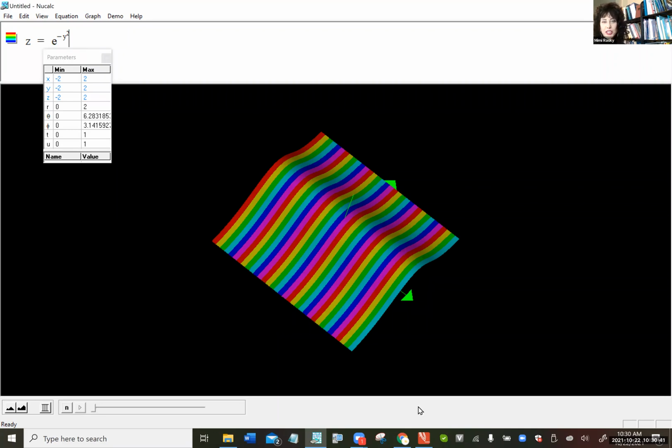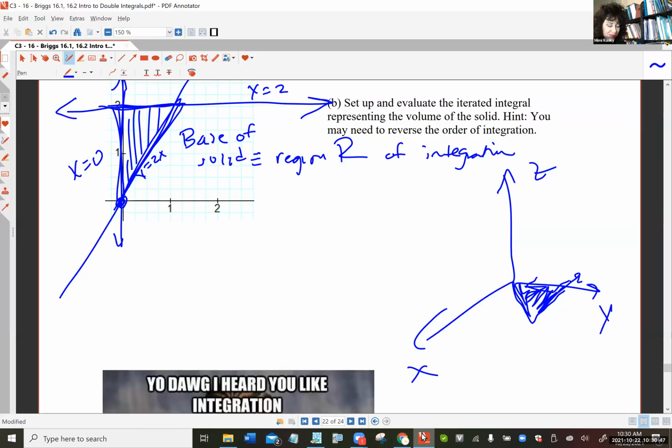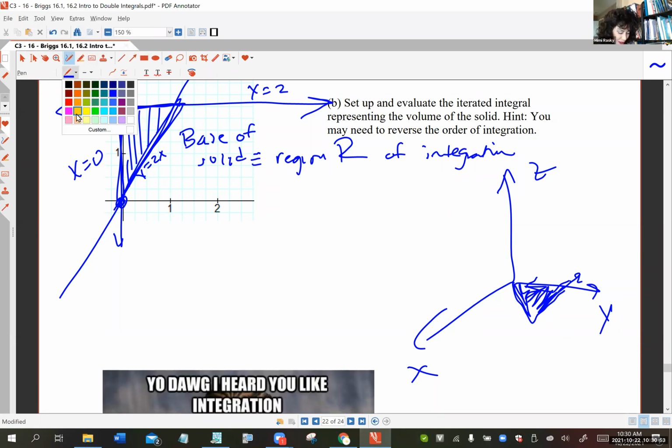So now you know what the top or the capping surface of our solid is looking like. Pretty cool, huh? So if you can imagine that look sort of hovering over our base, the solid would look something like that. Pretty weird looking.